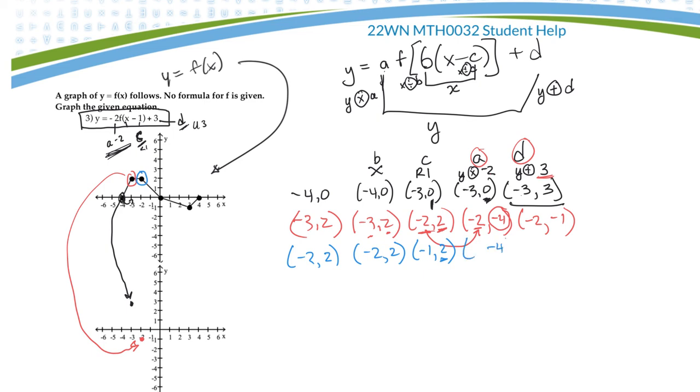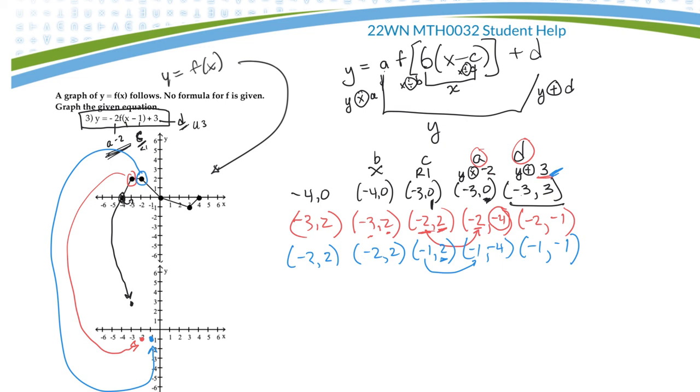Notice the x value doesn't change from here. Then again, the x value won't change, but I take the negative 4 and add 3 to it, so that'll be negative 1. So negative 1 and negative 1, that point right there. That one gets transformed to that.